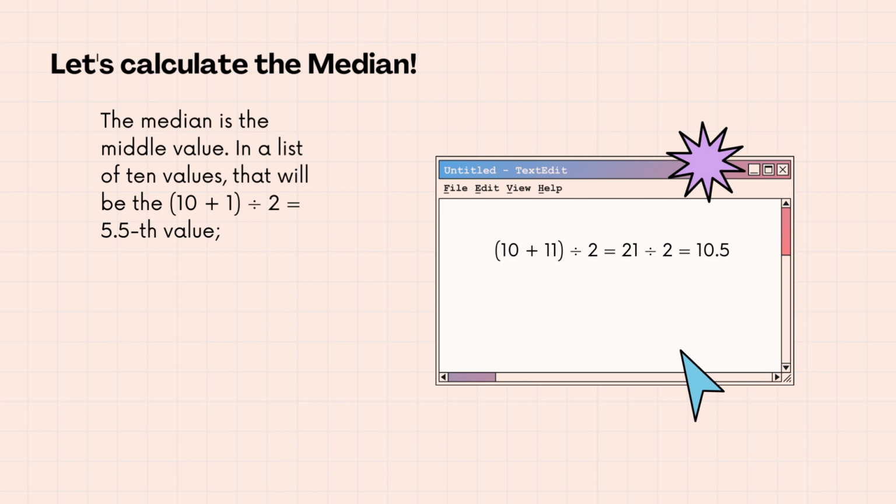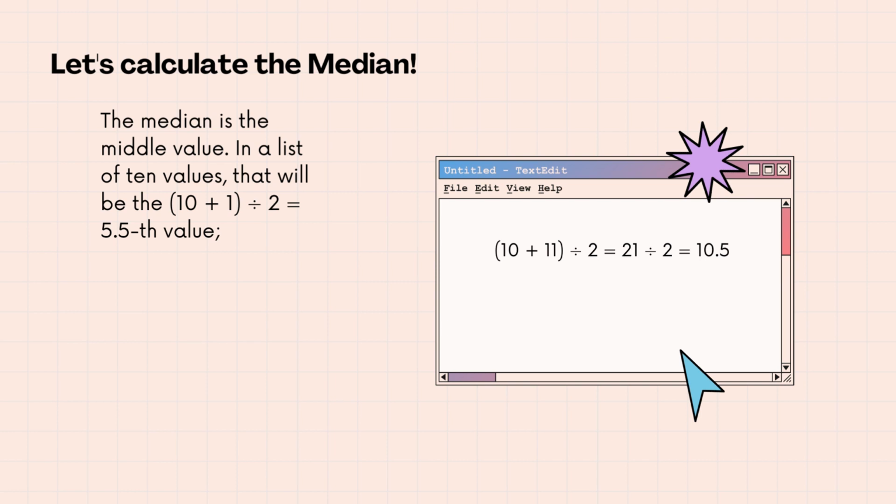So 10 plus 11 equals 21, and we'll divide it again by 2, which equals 10.5. So for this, the median is the middle value of the 10 values.